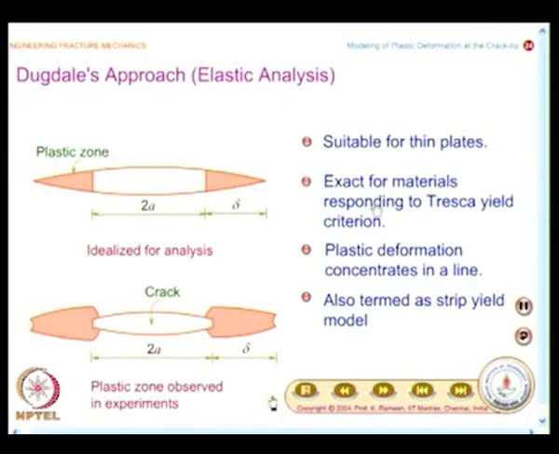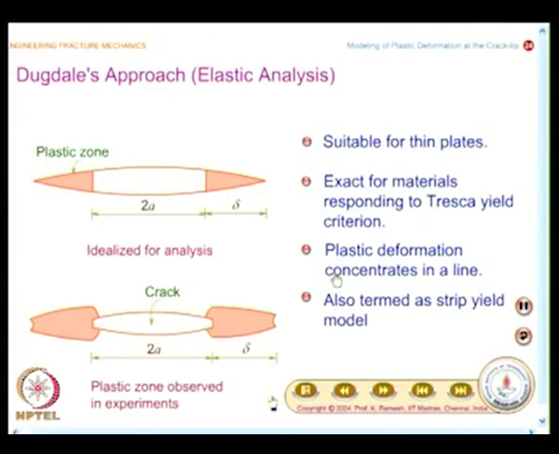So, only for those materials the results will be exact. And Dugdale also made another assumption. We had earlier looked at what is the shape of the plastic zone near the vicinity of the crack tip. We had seen a finite shape in front of the crack tip.